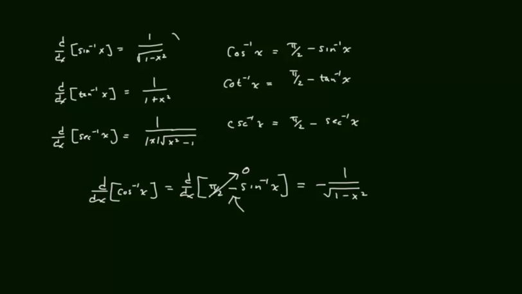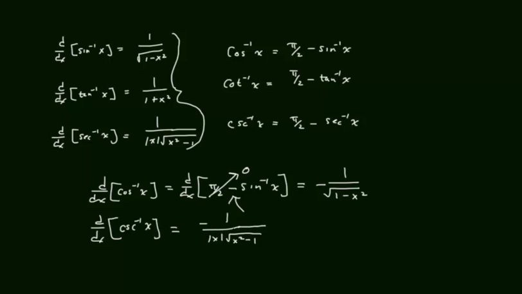So all we need to do is commit these 3 to memory, then the others are simply the negative of that. So you could see from this that the derivative with respect to x of the inverse cosecant is going to be negative 1 over absolute value of x times the square root of x squared minus 1, like we see here. The absolute value ensures that the expression is always positive, but then the negative ensures that the answer is actually always negative.